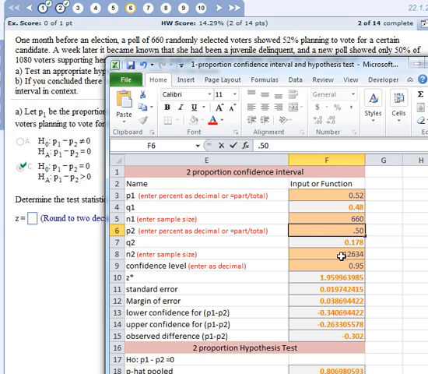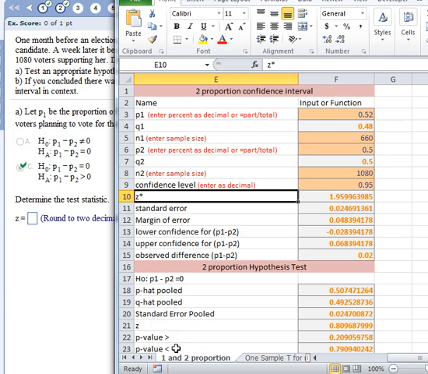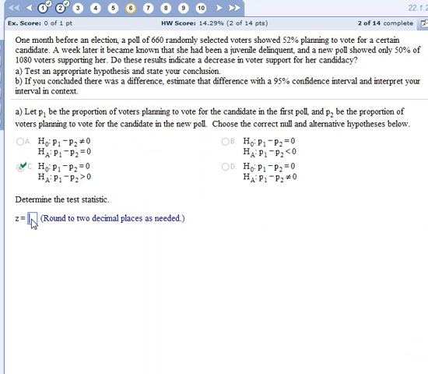And our sample size then was 1,080. Okay, and so then let's come down here and get our Z value, which is 0.809. They want it rounded to 2 decimal places, so 0.81.